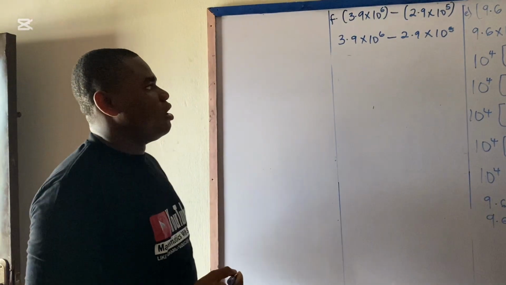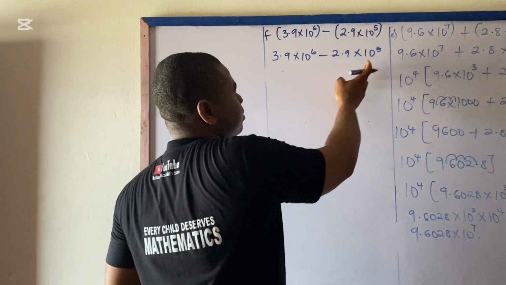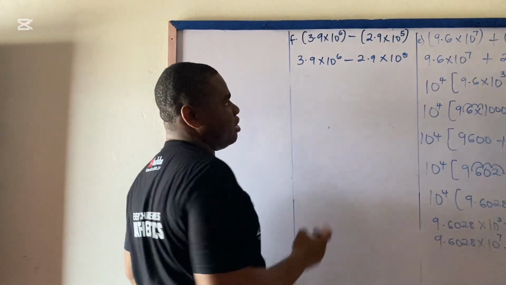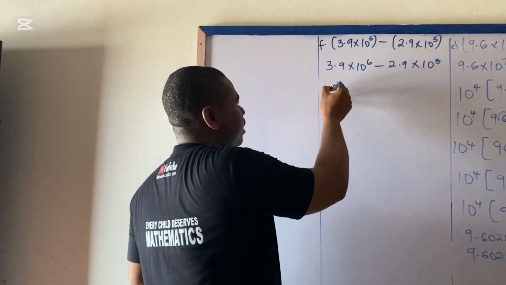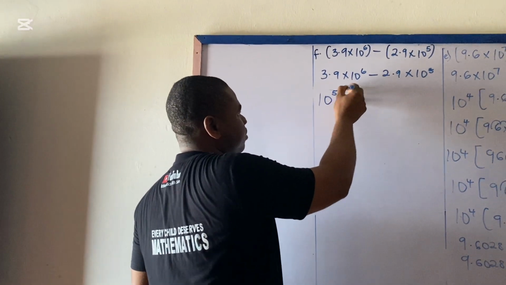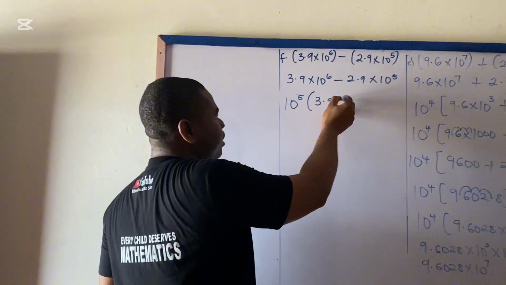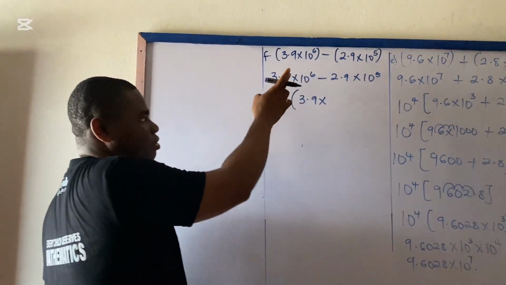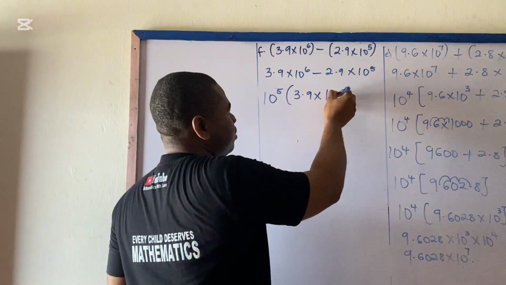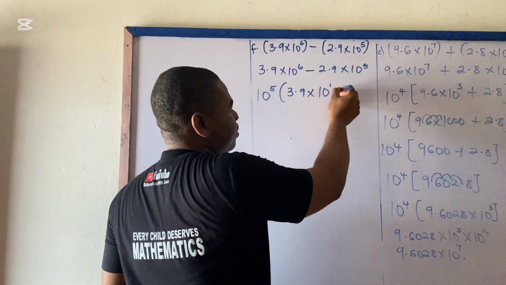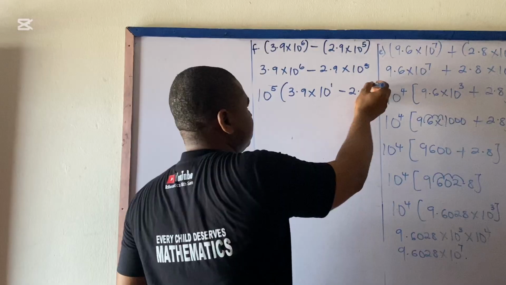Alright, so we are going to factorize this. So this value here is 10 raised to the power of 5. So I have 10 raised to the power of 5 times 3.9 times 10 raised to the power of 6 divided by 10 raised to the power of 5, we get 10 raised to the power of 1, minus 2.9.